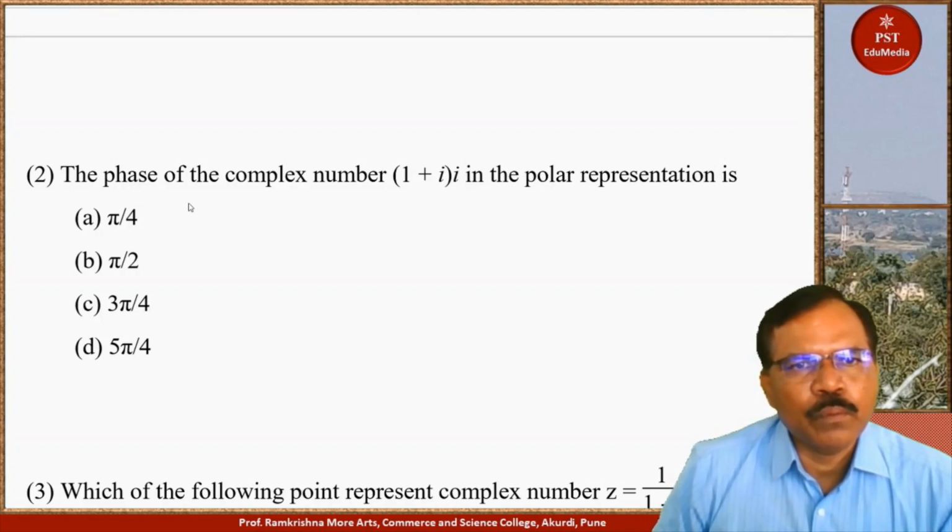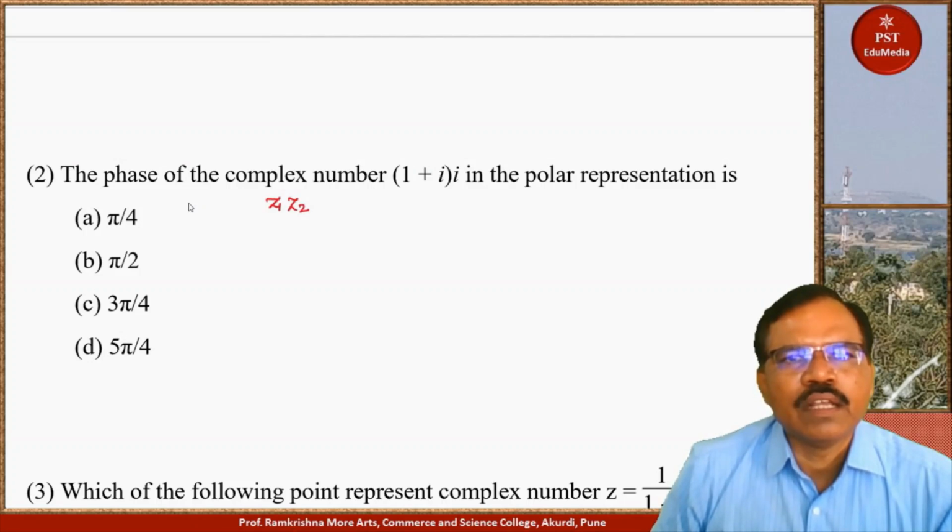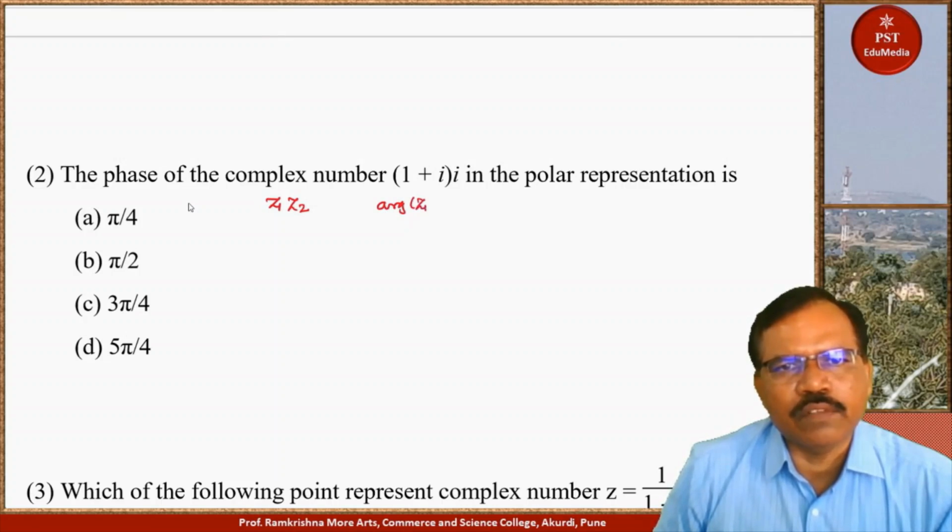Now we know if Z1 is first complex number and Z2 is second complex number, then if we multiply them, argument of Z1 Z2 is equal to argument of Z1 plus argument of Z2.